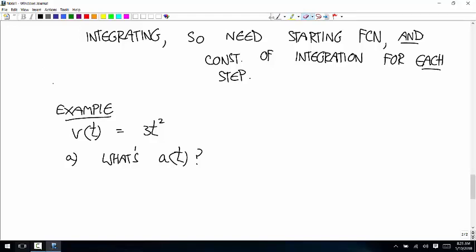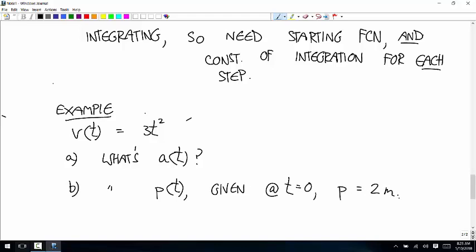Is that enough information? Yes. And then second, let's say we want to figure out position as a function of time. Do we have enough information? Nope. We also have to be given something like at time equals 0, position is equal to 2 meters.